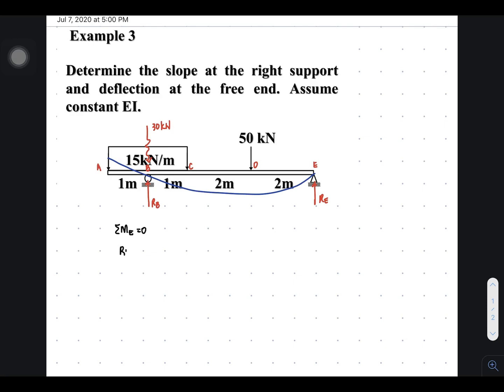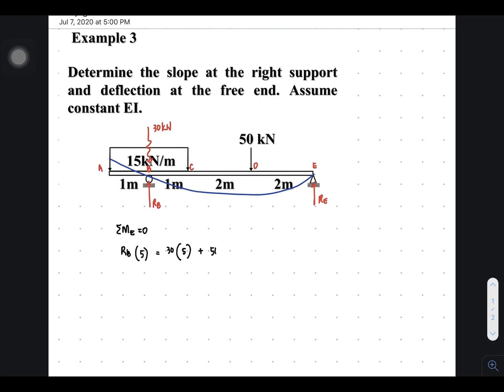You will have RB times 5 meters equal to 30 times, this is 1 plus 2 plus 2, so that's 5, plus 50 times 2. So RB is 30 times 5 plus 50 times 2, divided by 5. So this is 50.